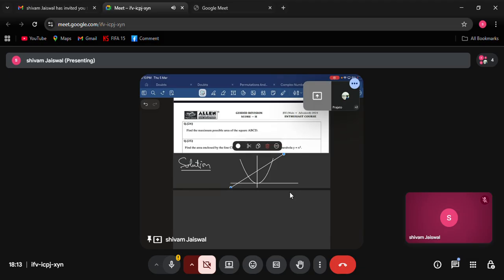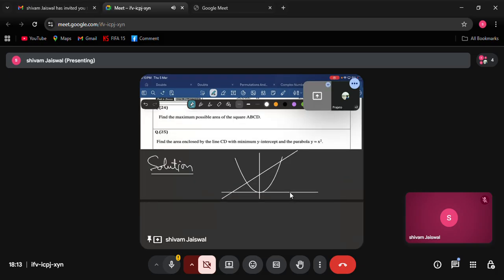If this is AB, we need to find out the minimum intercept. So see, a square can be formed above this line and a square can be formed below this line also. For minimum it should be below. Are you getting it, Devaita and Pratyoto? For minimum, where should the line be?